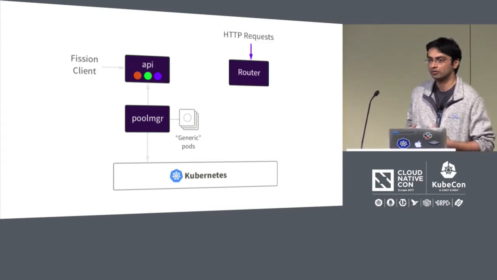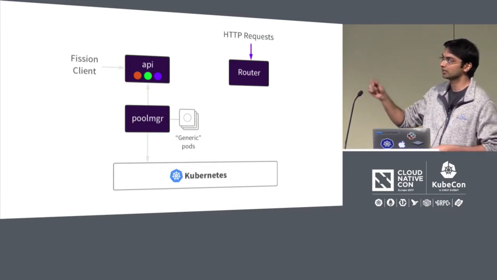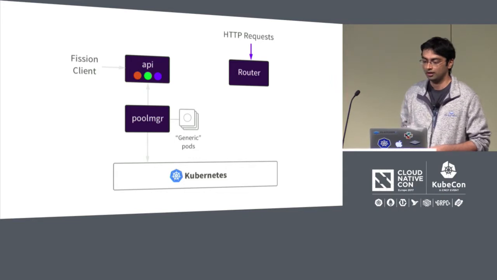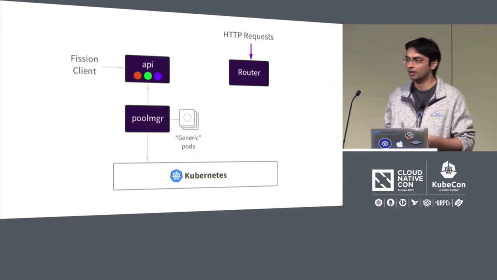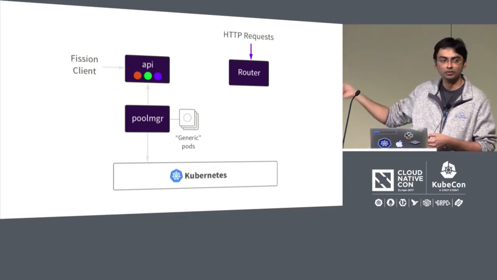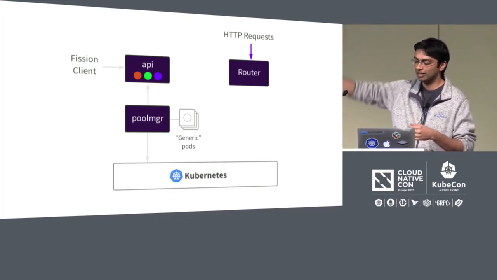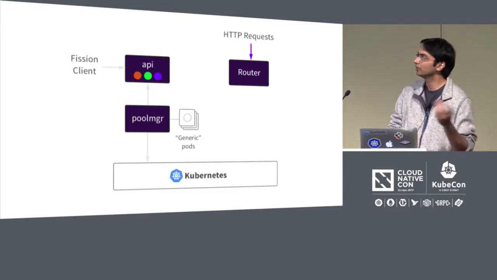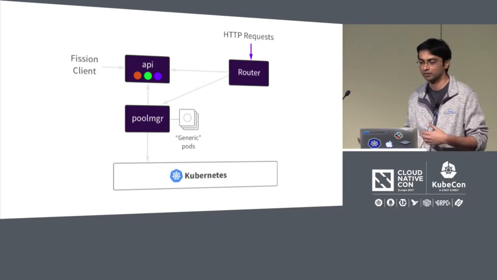And then there's a router, which is where, of course, the requests come in. So let's say an HTTP request comes to the HTTP router. As soon as the request comes in, that sort of cold start clock is ticking, and now we need to quickly provision a pod with that function. So let's say a request comes in for that purple function. Then the router talks to the API and figures out what function is associated with that request.